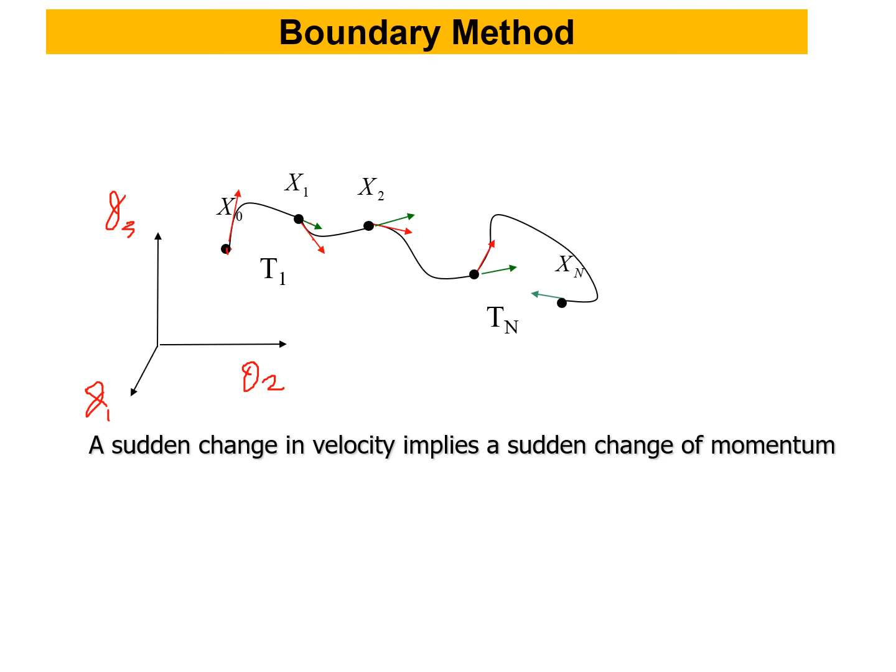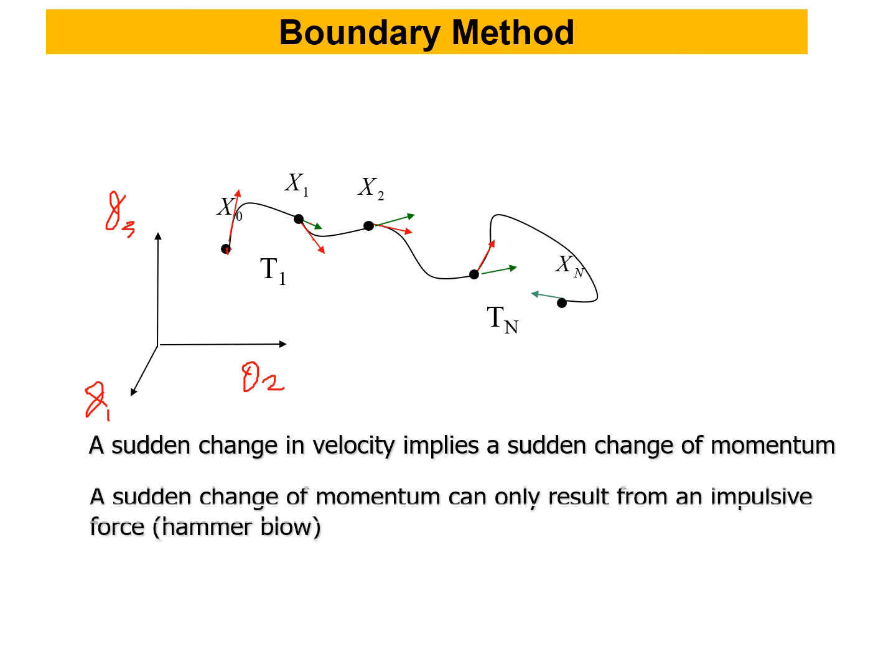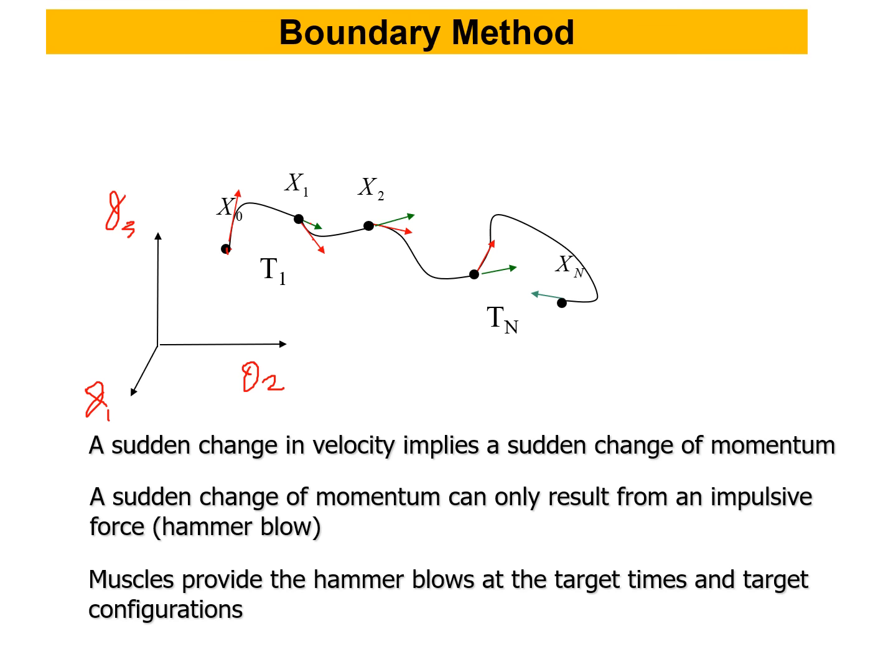So there is a sudden change in velocity at this point in time, which implies a sudden change of momentum. And momentum is mass times velocity, right? A sudden change of momentum can only result from an impulsive force. So the muscles need to act to create this. The muscle provides the hammer blow.